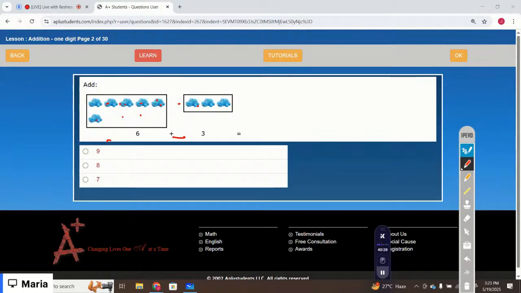So 6 plus 3 equals 9. Option number 1 is the correct option.